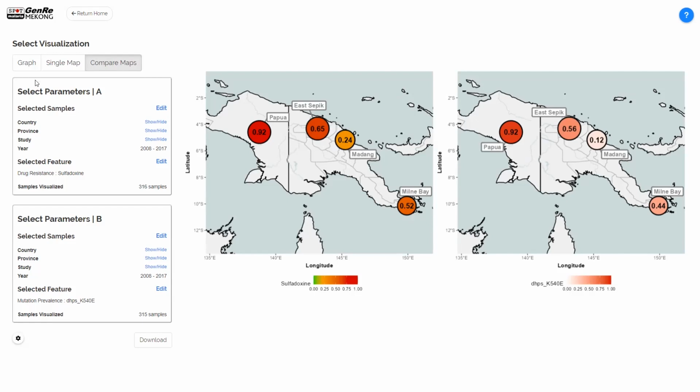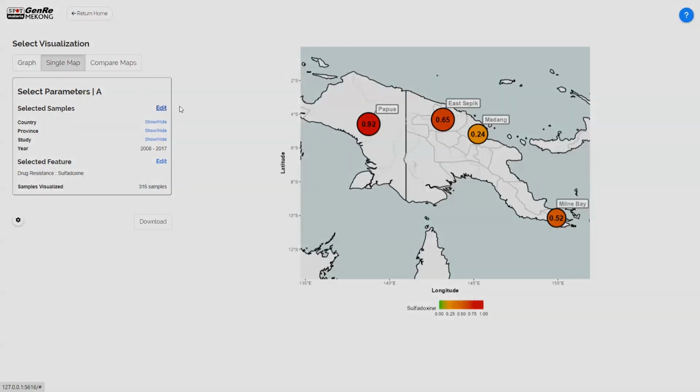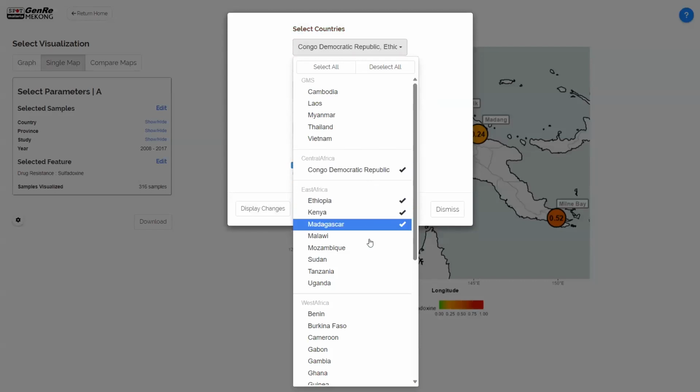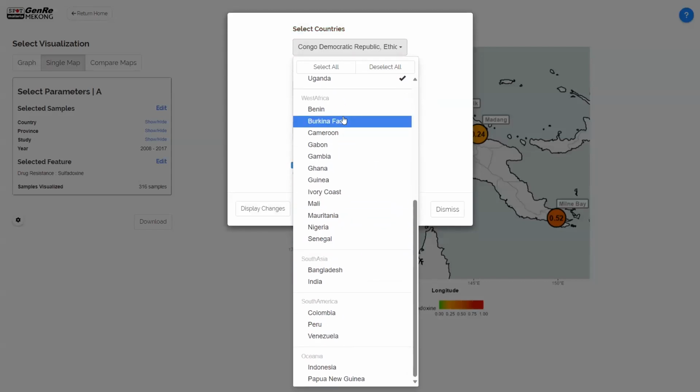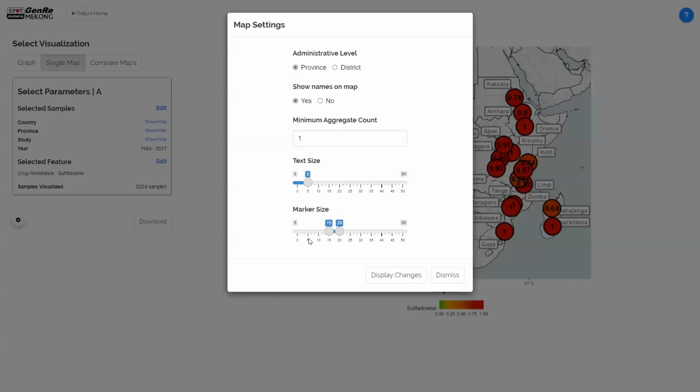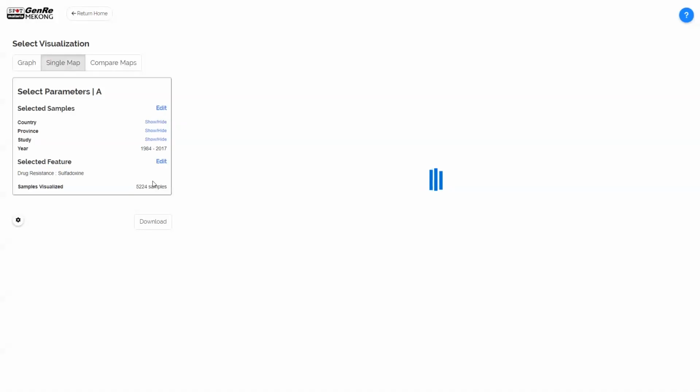All right, let's look at Africa now. Let's look at the whole of Africa. And let's change the map parameters while we're at it.